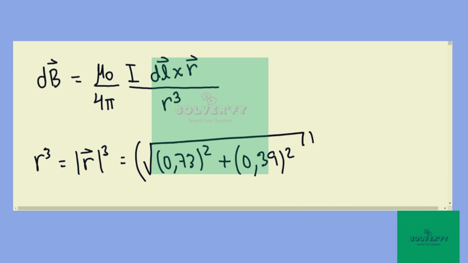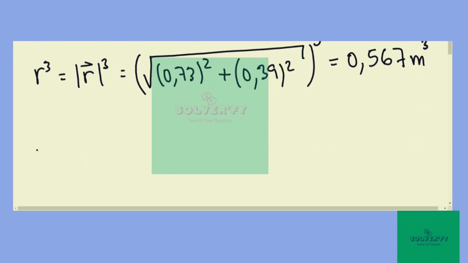We take the square root of this and we elevate all of this to 3, so that when we put these values into the calculator, we have 0.667 meters cube.